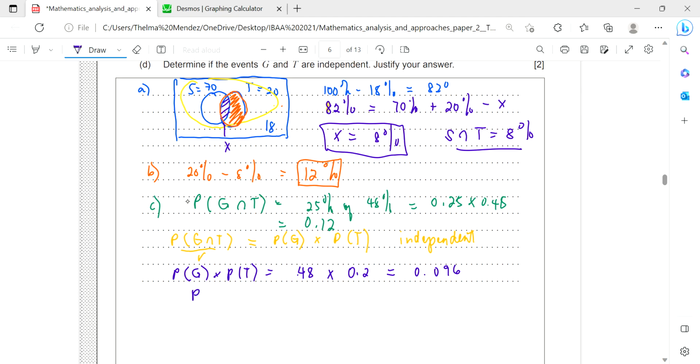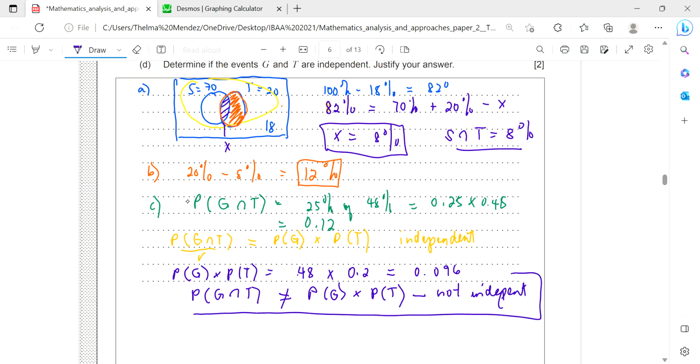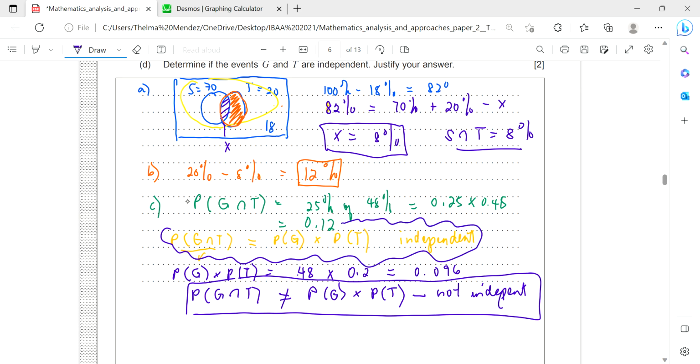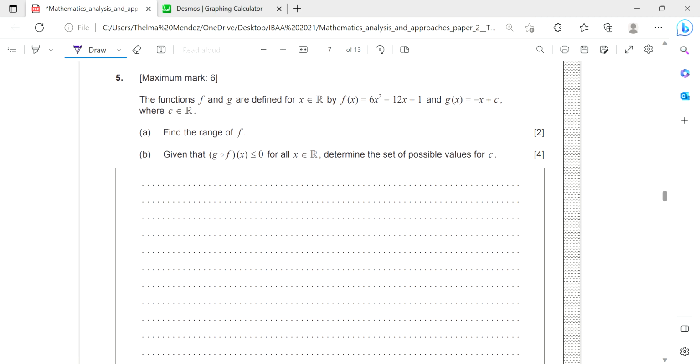Our final answer is that P of G intersection T is not equal to the probability of G times the probability of T. Therefore, not independent. So this shall be our answer. This one is only used to point out under what condition will you make them independent, but this is the final result.